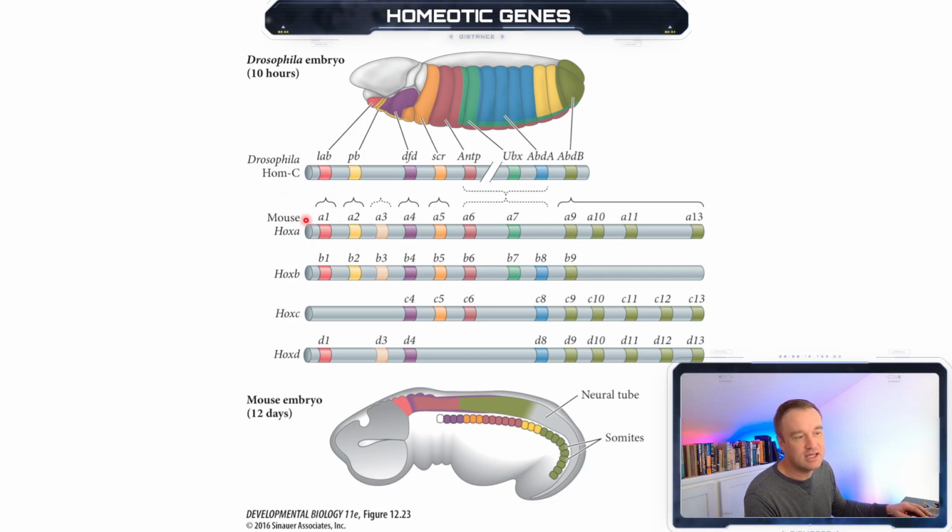And if you look in mouse, we have the Hox genes, Hox A, B, C, and D. And these are all conserved. So there's gene duplication, or a whole chromosome or genome duplication event. So they have multiple copies of some of these alleles. But you can see that these regions are still conserved, right?